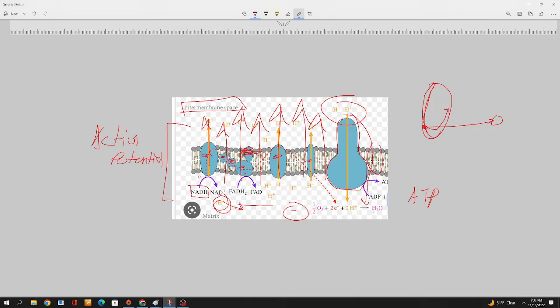And what eventually happens is that these H plus ions start to float around in the matrix, and now you say, okay, well, what happens to this electron transport chain? Now that I've made my ATP, what else is happening? Well, the electrons are going to find oxygen that floats around within the region. I'm going to erase everything.